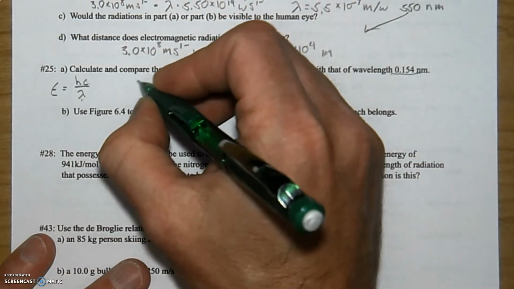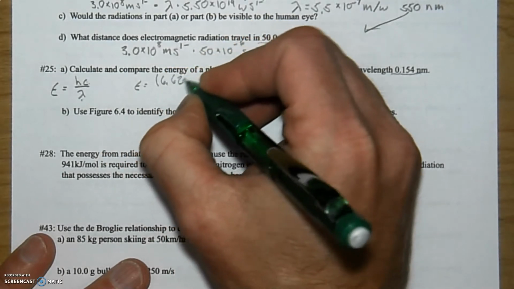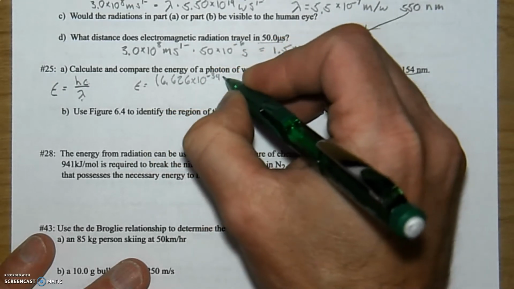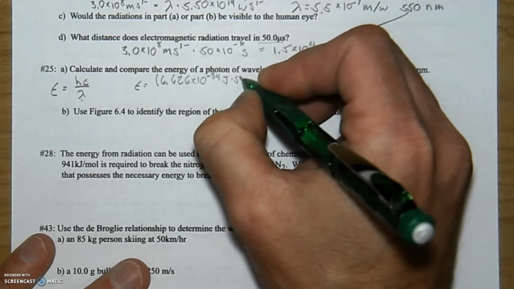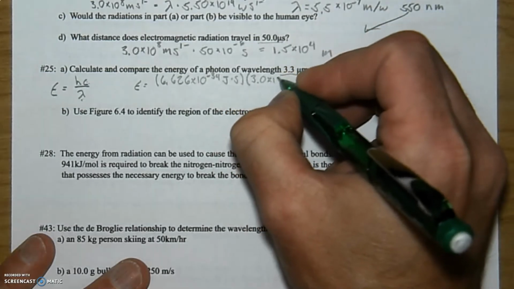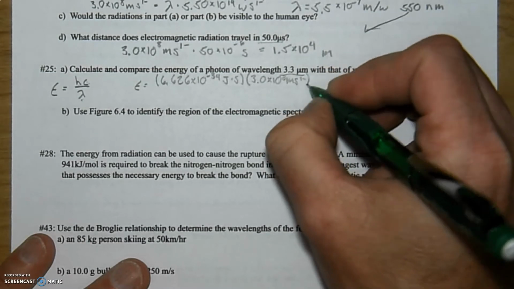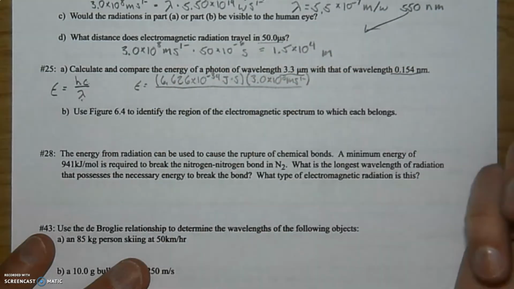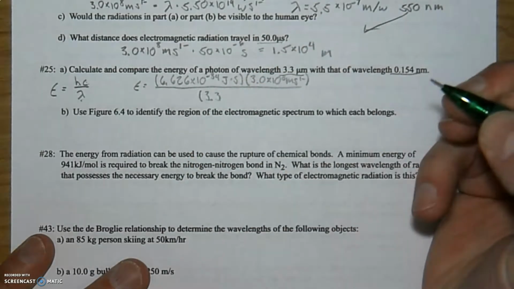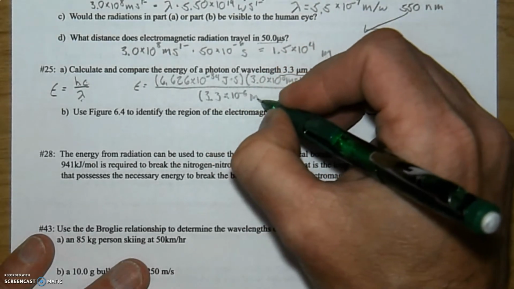The first one, E is equal to Planck's constant, 6.626 times 10 to the negative 34 joules times seconds, times the speed of light, 3.0 times 10 to the 8th meters per second, over the variable for this problem, 3.3 micrometers, so times 10 to the negative 6th meters.